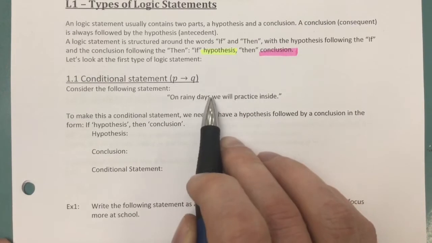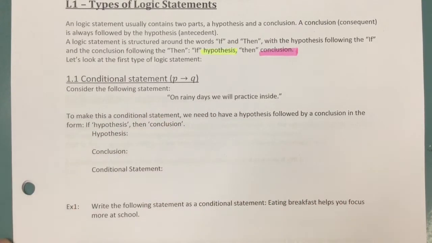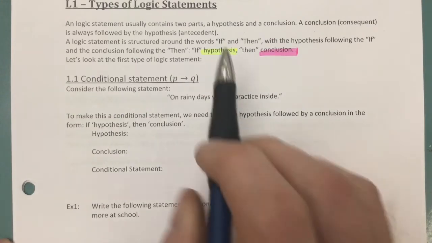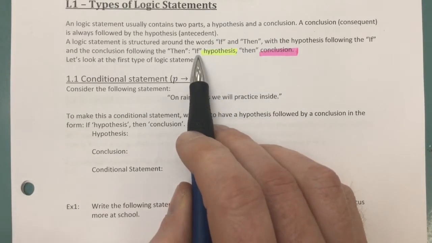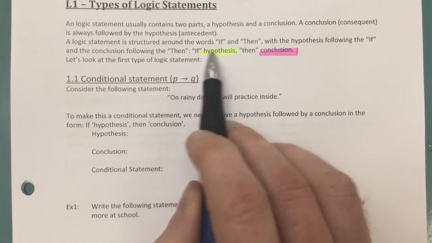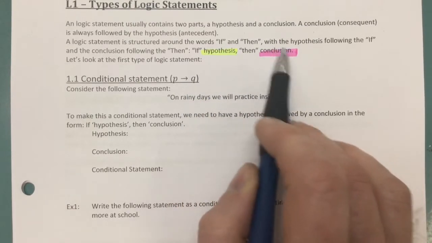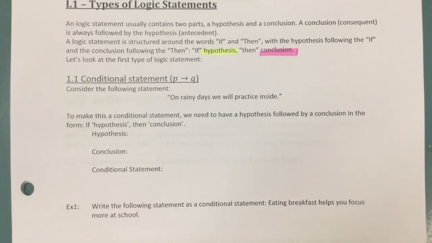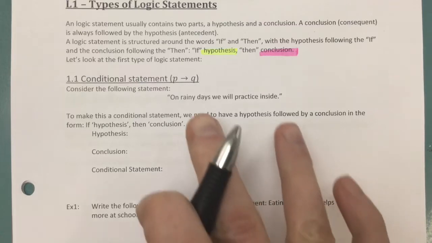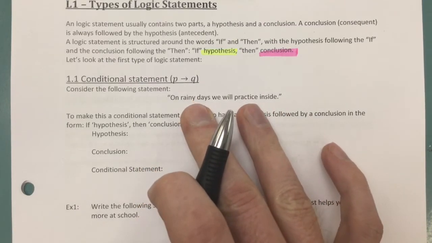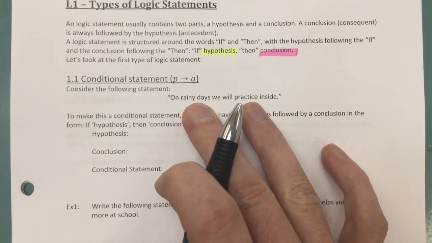We want to write this as a conditional statement. So we want to write it in such a way that it sounds like if, and then we write the hypothesis, then, and then we write the conclusion. In this case, we will look at this phrase and ask, what part of this is the hypothesis?